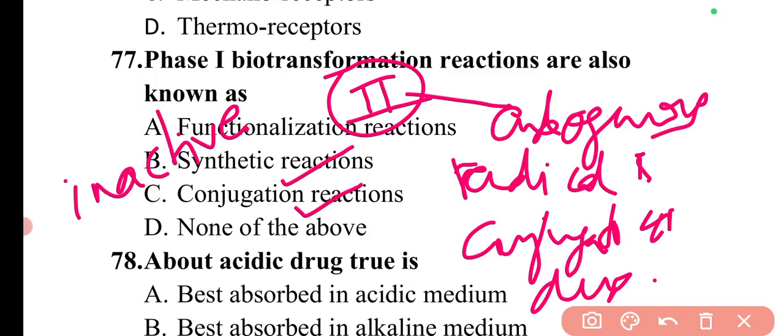For example, the glucuronide conjugate of morphine and the sulfate conjugate of minoxidil are active. So in a few cases it can be active, but mostly it is the inactive form.